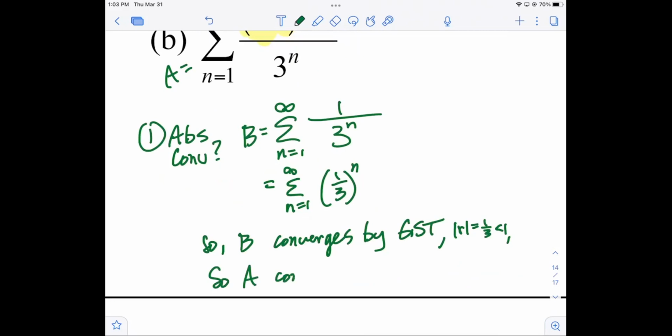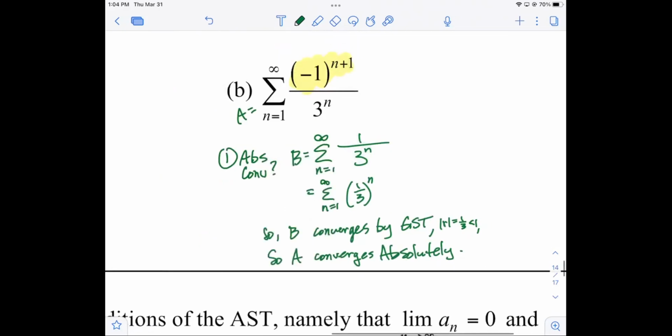So A converges what? What's the word we use? Absolutely. Since B on its own merit converged, now A, the original function, also converges. It converges absolutely. We don't need no stinking alternator.